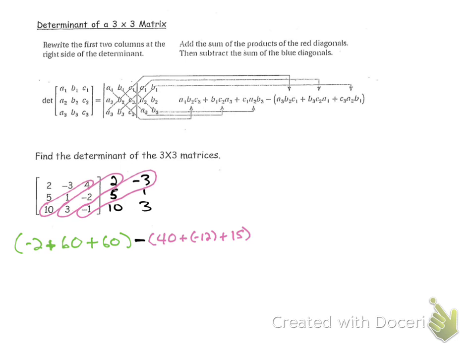Now add up each side and find the difference. That's 118 minus 43, which gives us 75.